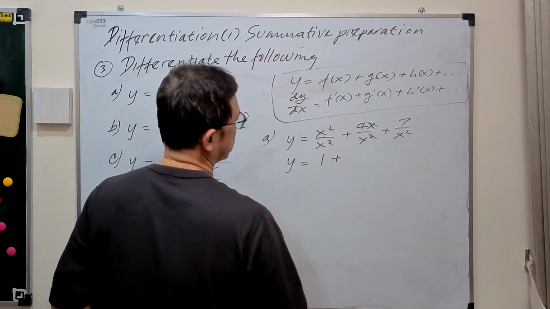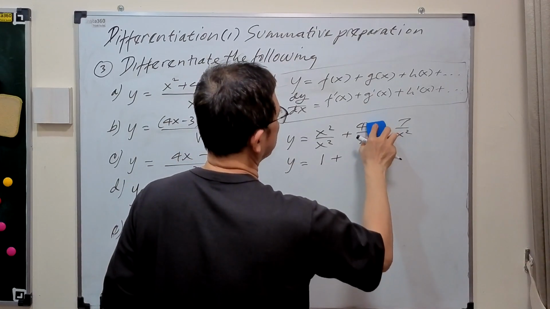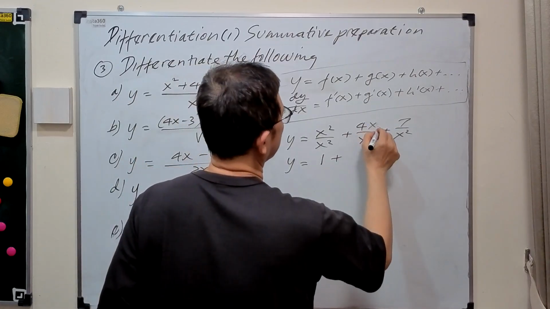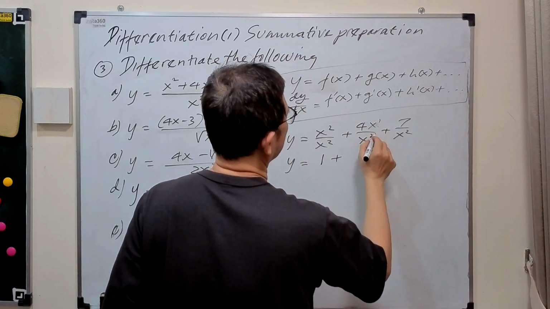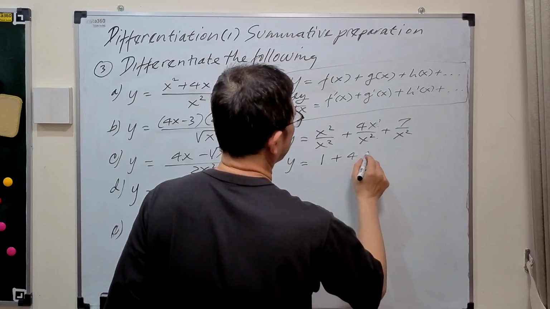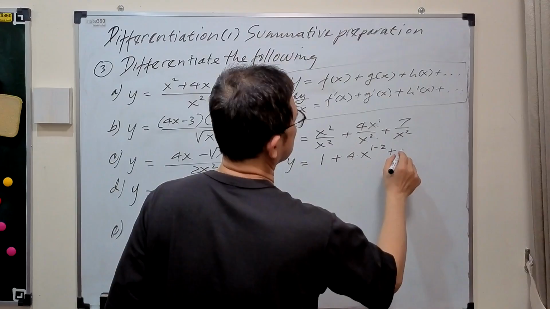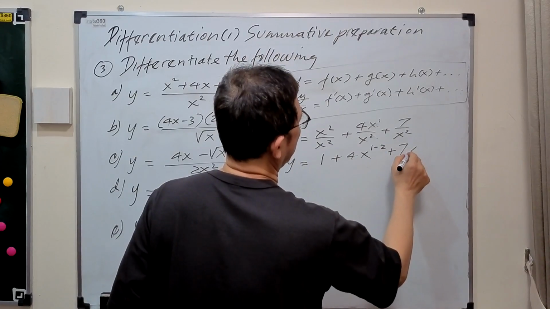Or you can do it this way: you can just subtract 1 by 2, 4x to the power of 1 subtract 2, plus 7x to the power of negative 2.